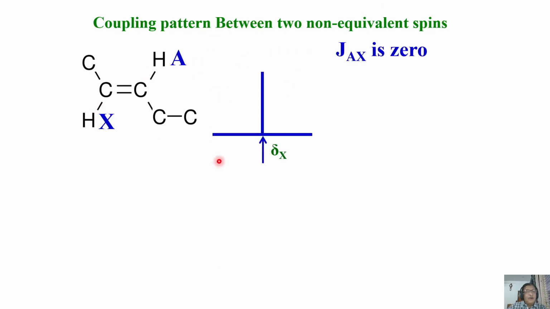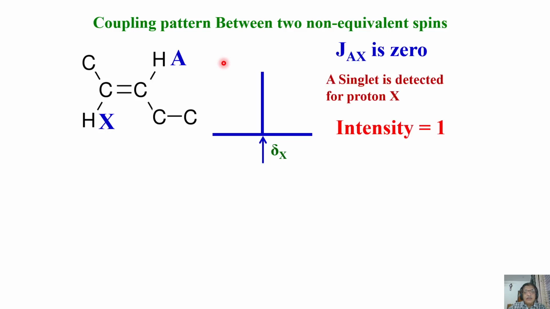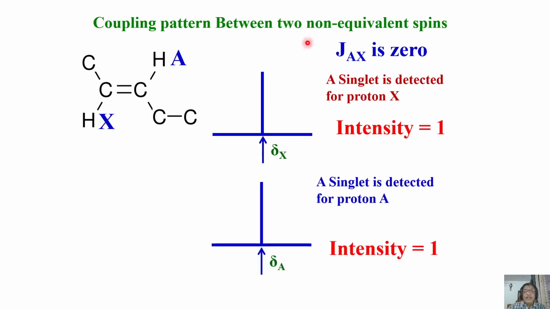You will get one peak for X and one peak for A. Remember, a singlet is detected for A and a singlet for X. When we have two non-interacting spins, we found from the energy level diagram there are 4 transitions, 2 for A and 2 for X, with identical frequencies, so they overlap. As a consequence, we got one peak for A and one peak for X.